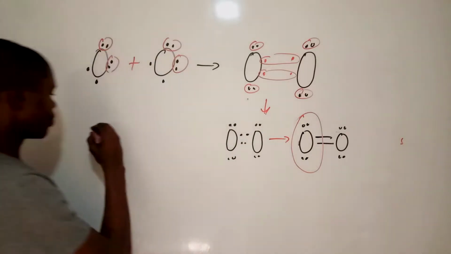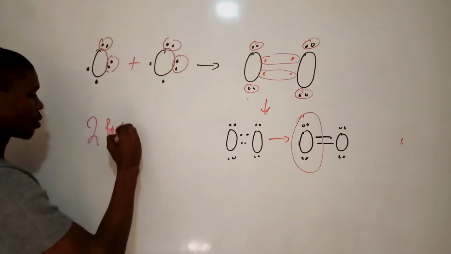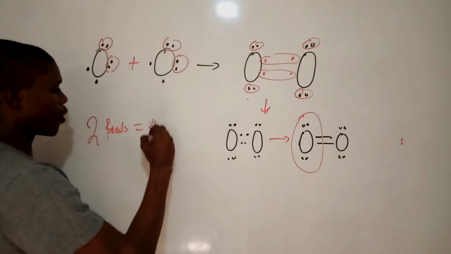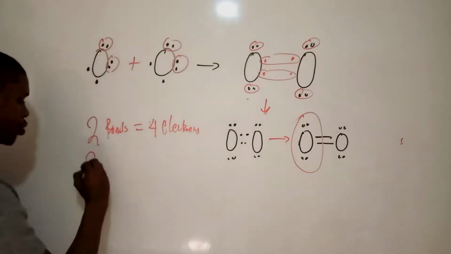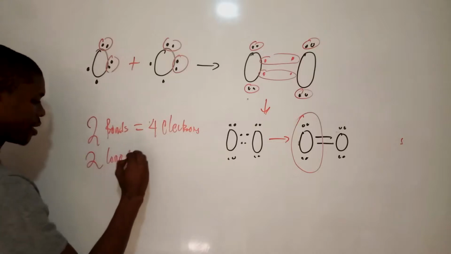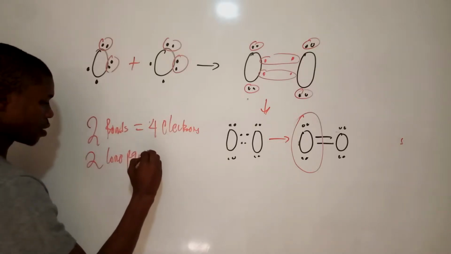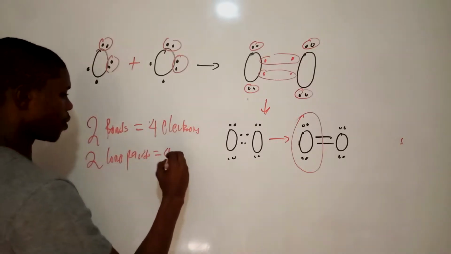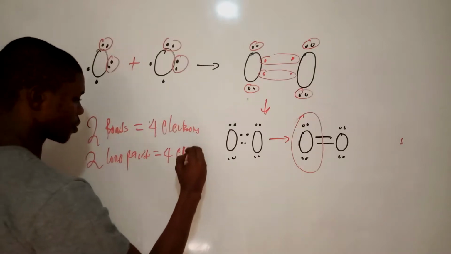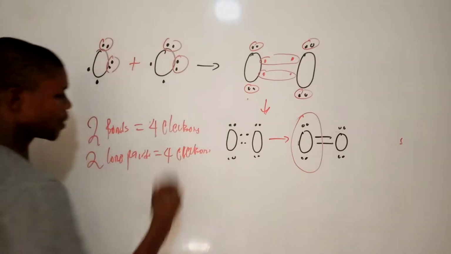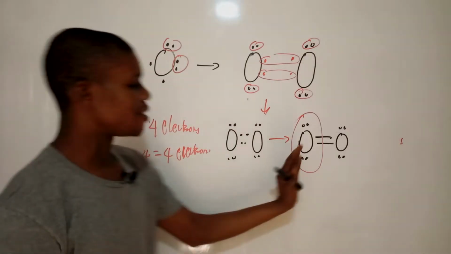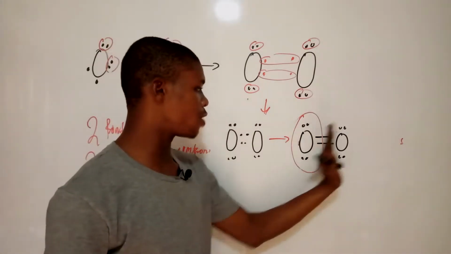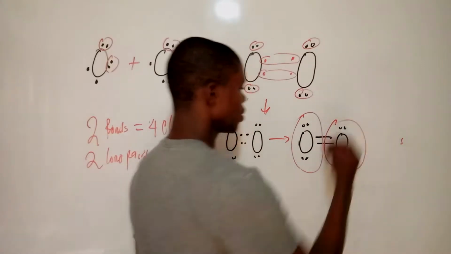Now 2 bonds because of 4 electrons, right? Then 2 lone pairs because of 4 electrons. Now when you sum them together, it adds up to 8 electrons, right? So this one has its octet. This one also has its octet.